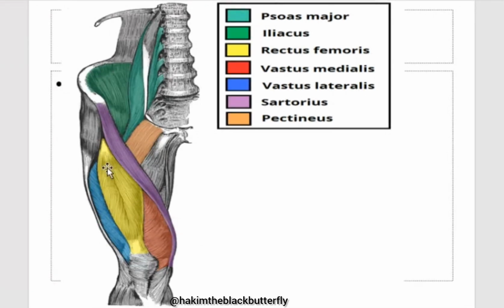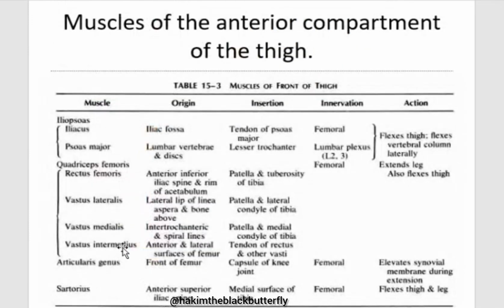And these muscles here are the quadriceps. This is rectus femoris; you can see its tendon here. Deep to this rectus femoris, if I remove it, we have what we call vastus intermedius, this muscle.